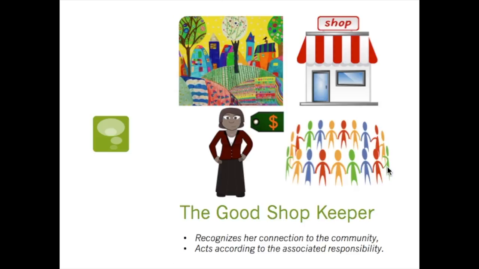See, if we go back to our good shopkeeper, here again, according to care ethics, she's going to do the right thing, which is she's going to behave in the right kind of way, which is that she's going to keep her prices low.